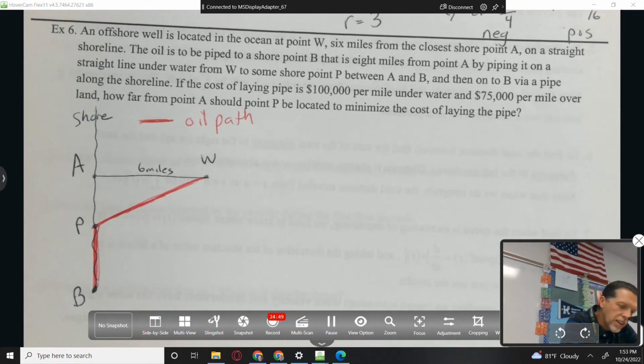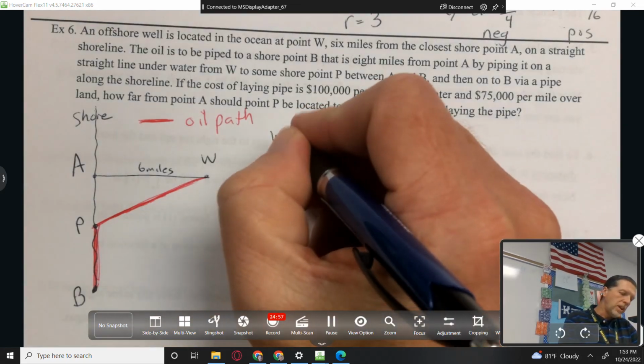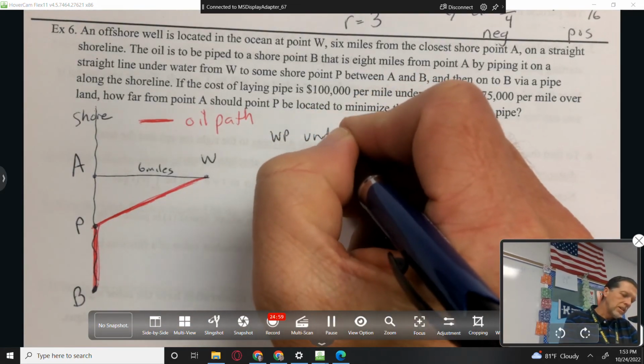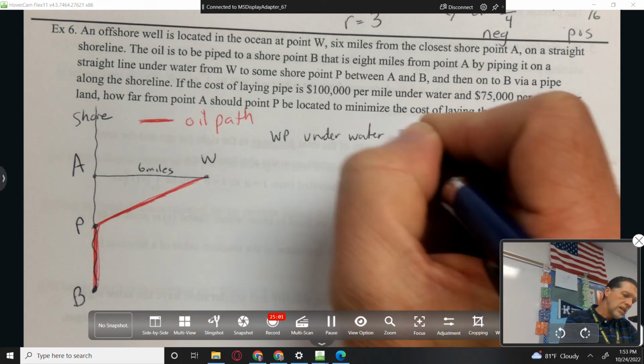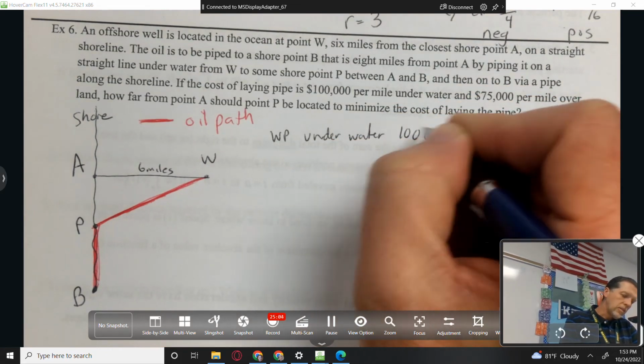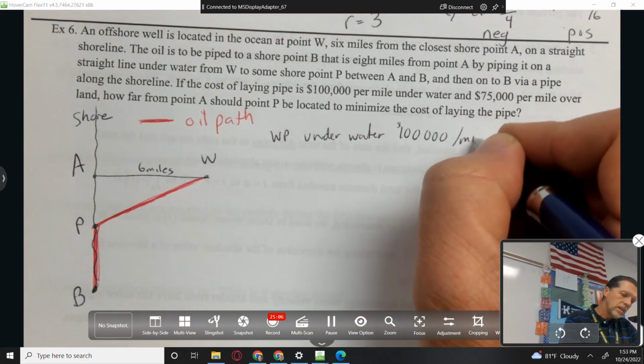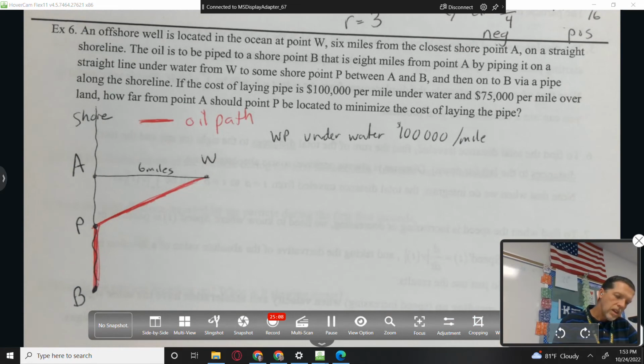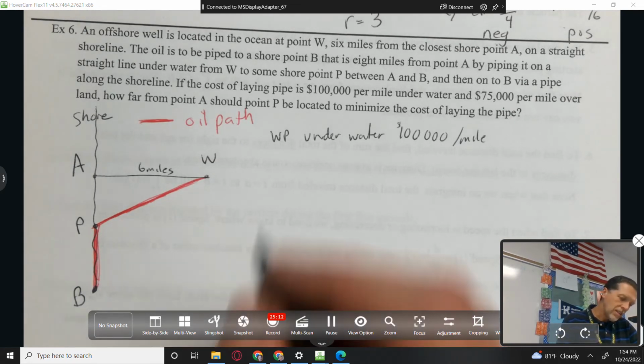The cost of laying pipe is $100,000 per mile underwater. Okay, so W to P is underwater, and that's $100,000 per mile, and 75,000 per mile over land.